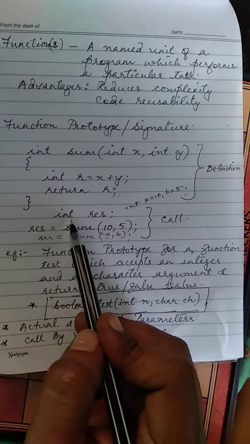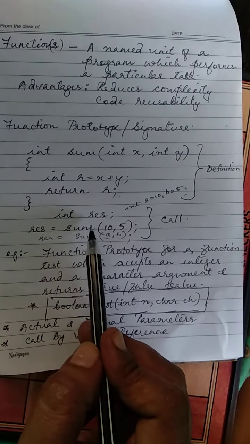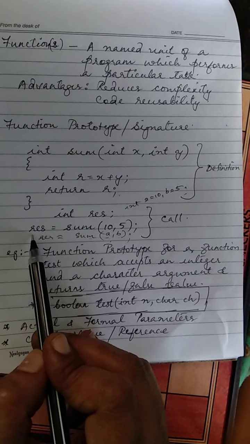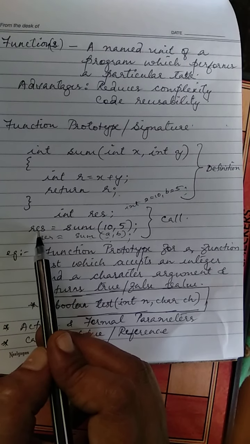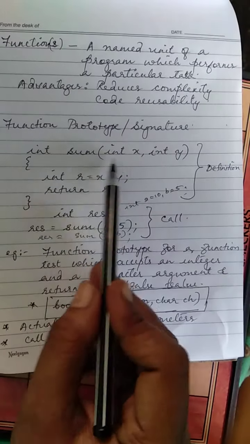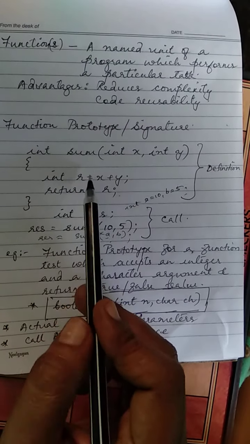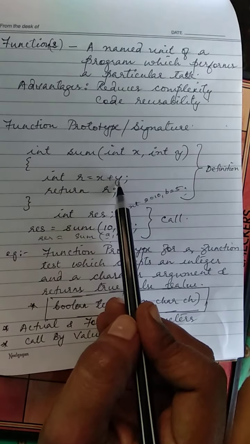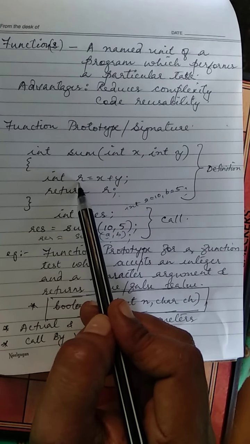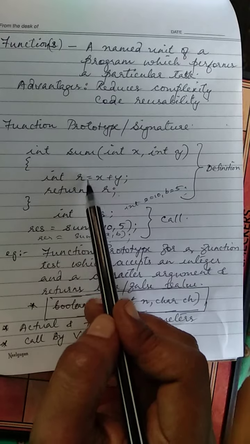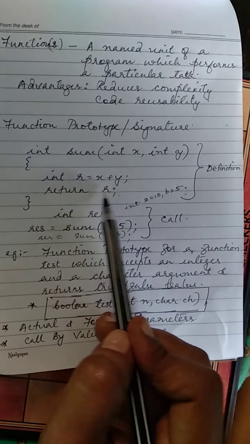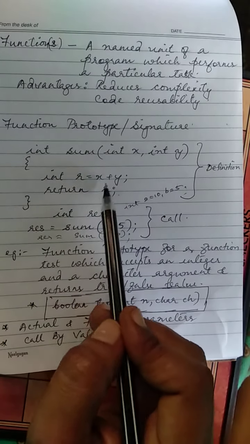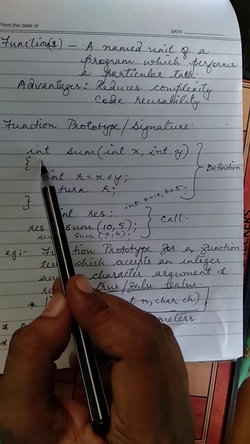So here one variable is declared, function name, values are passed, and it is assigned to a variable. Why is this assigned to a particular variable? Because look at the function definition. This is a function to find the sum of two numbers. These two numbers will be added, and the answer is stored inside an integer variable, and this answer is returned back, return r, the calculated value of r will be returned back, and that is why int is written on the left side.